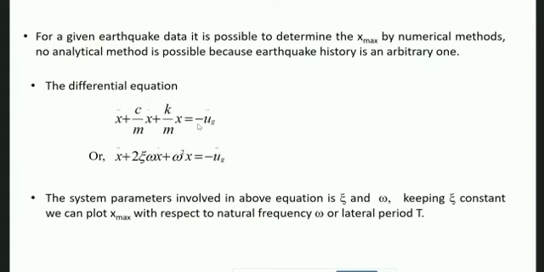So the only way to solve this differential equation is by using numerical methods. No analytical method will be possible for a real earthquake, because if the function is not a harmonic or an exponential function, it is very difficult to get the solution of this type of second order differential equation.